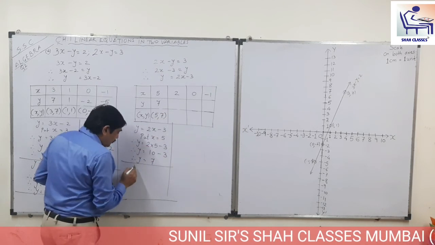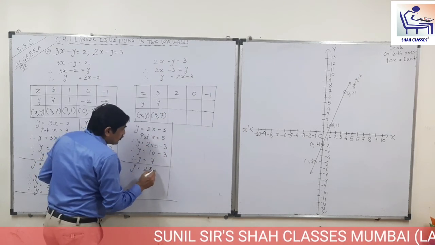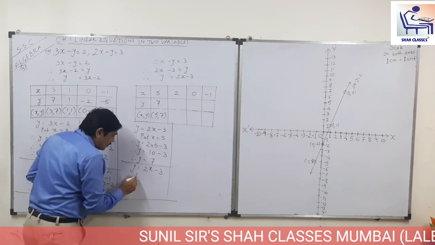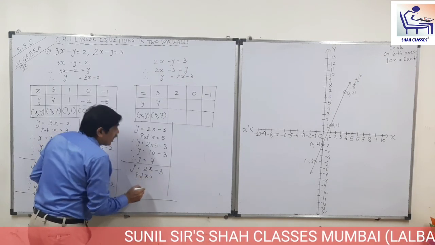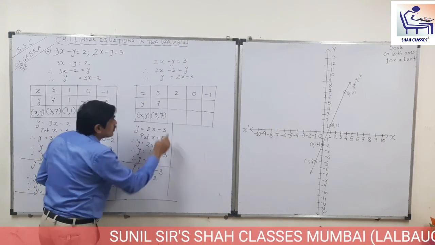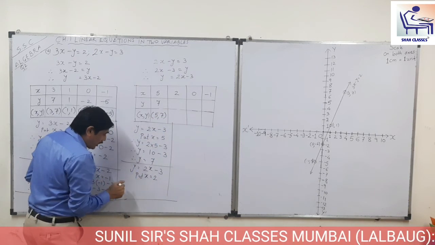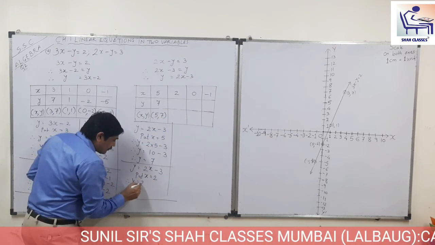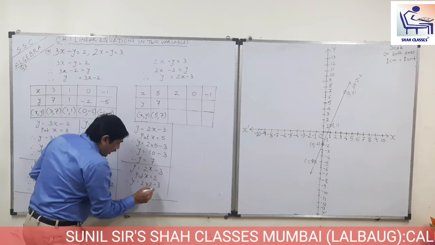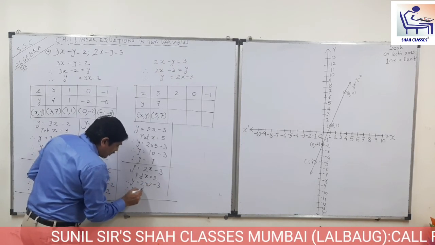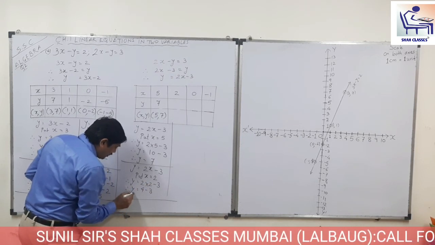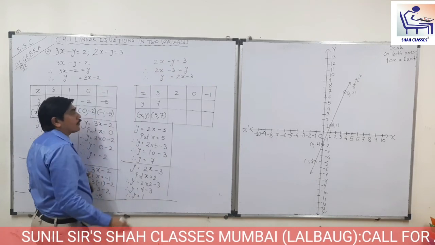For the second value, y is equal to 2x minus 3, put x is equal to 2. The second value I am putting here to get the value of y. 2 into 2 minus 3, y is equal to 4 minus 3, therefore y is equal to 1.